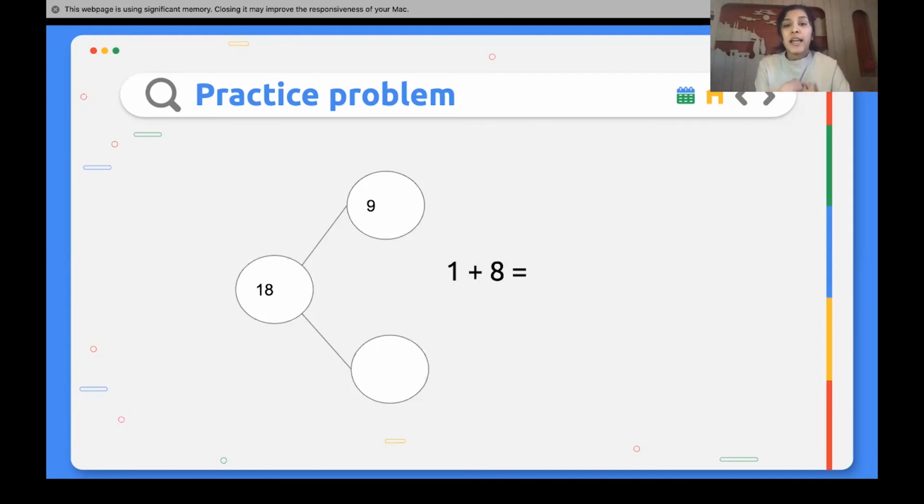You would need 8 more. So 1 plus 8 equals 9. So 9 plus 9 equals 18. So it's okay if you didn't get these last two problems. They're really tricky, but we will be learning more about them in the future, okay?